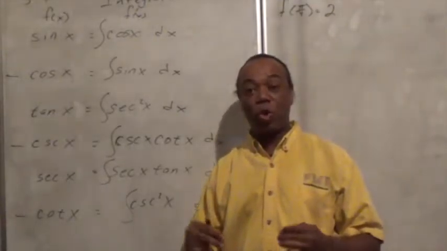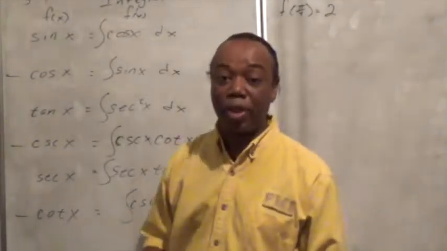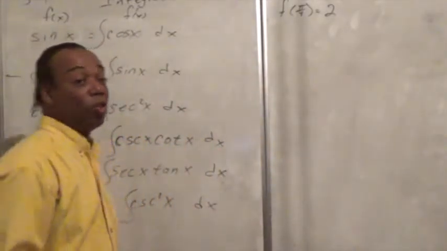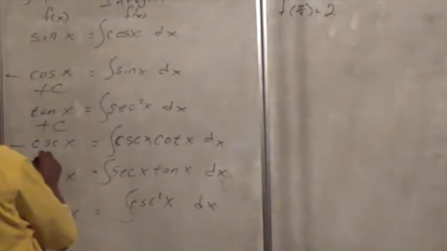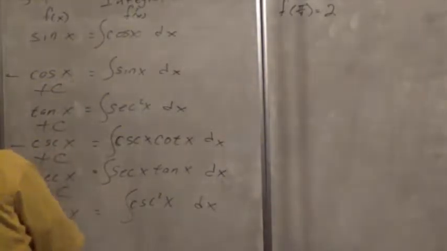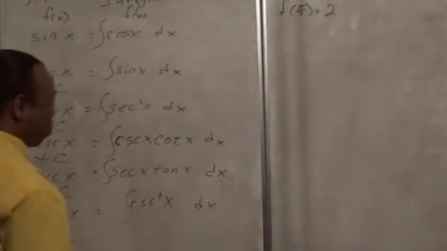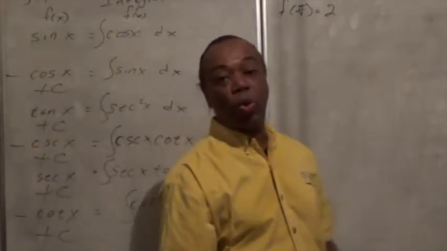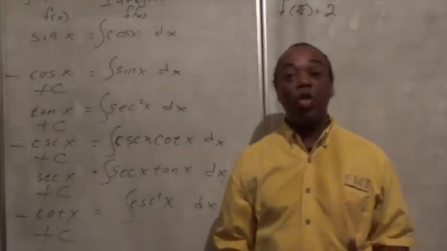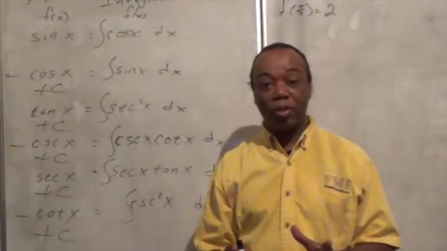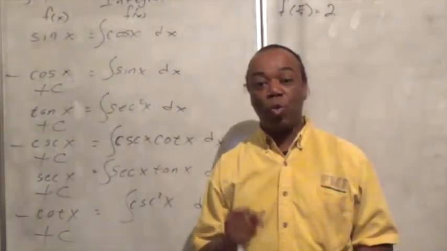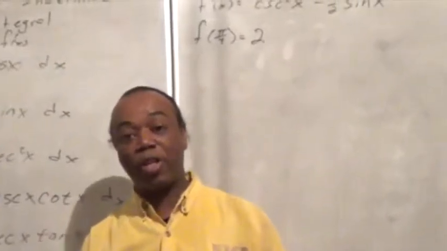And you have to show that you're only going back to the family by saying plus c, or some constant on each one of these. Once we're able to find out c, we'll go from the original family to the original parent function. So let me show you how to get back to the original parent function from the family of functions.